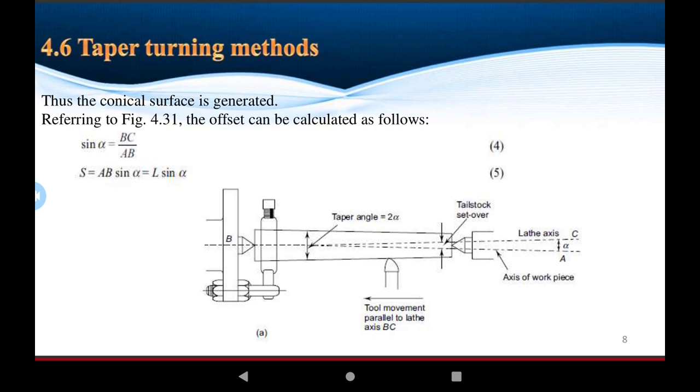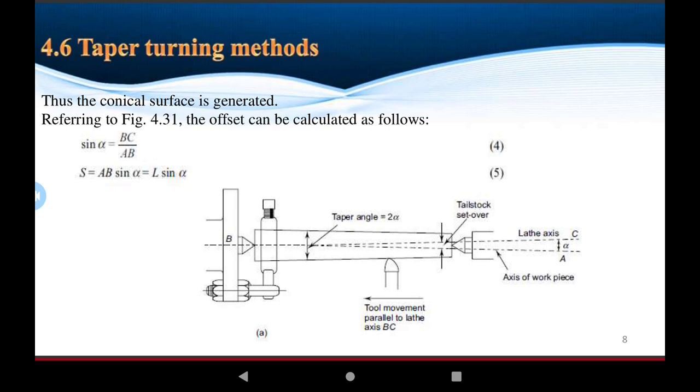Taper turning operation is also present in continuous operation. The conical surface is generated by the taper turning operation with the help of the tools, machine, headstock, tailstock, and chuck.